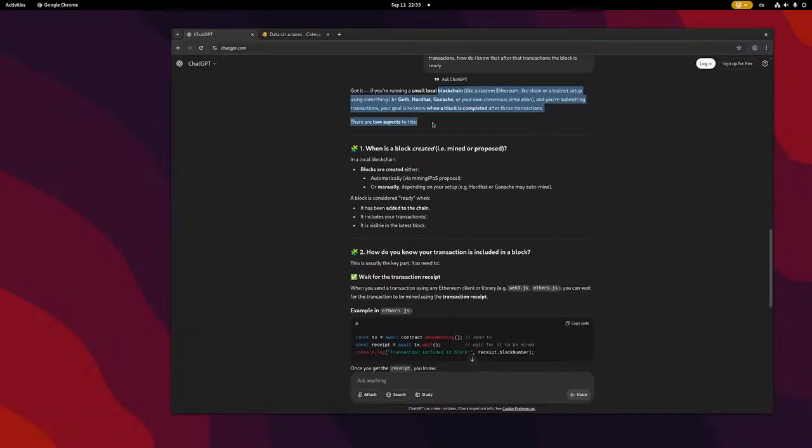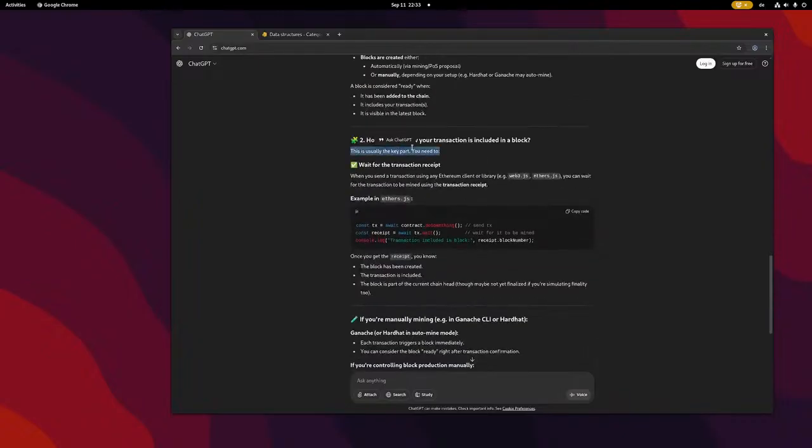When is a block created? Automatically mining, proof of stake proposal. But who does this proposal? When is this proposal done? It has been added to the chain. Well, we first complete it and then we add it to the chain. Isn't that how it works? How do you know the transaction is visible in the latest block?